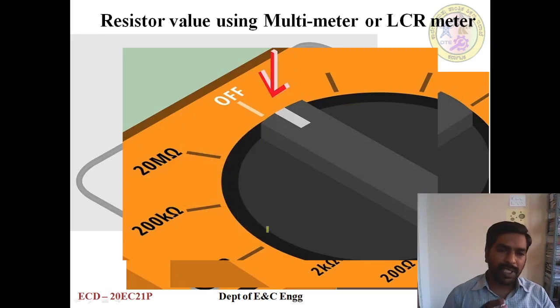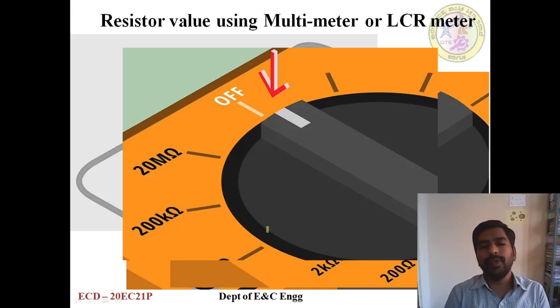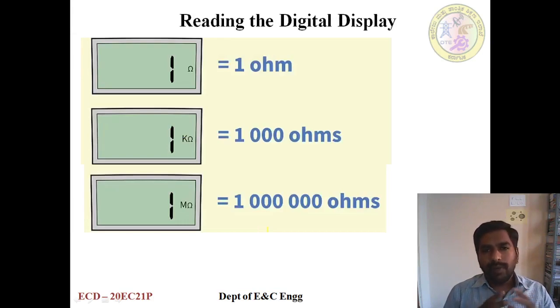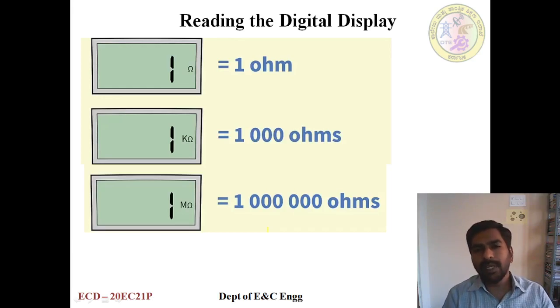If you keep it in the on position, the battery will drain out and the meter will not give accurate results. For a longer life, we need to switch off the meters or devices once we complete the experiment. This is the procedure we followed while measuring the resistor value with the multimeter.